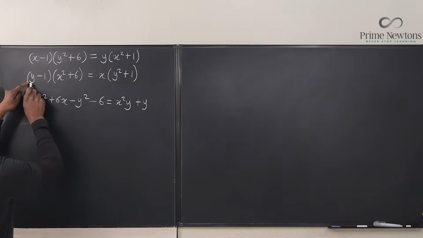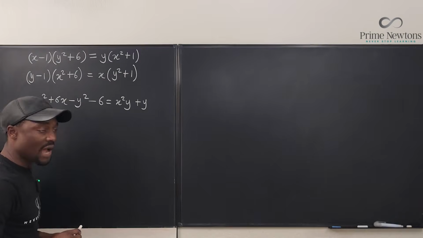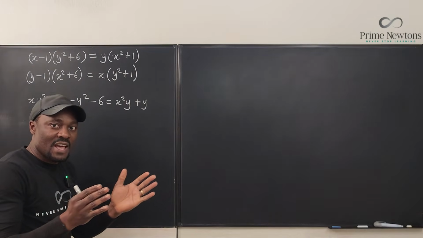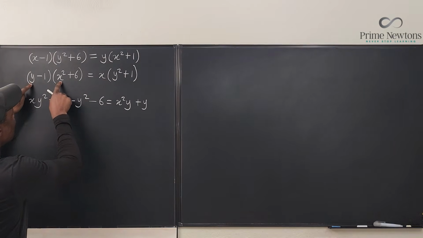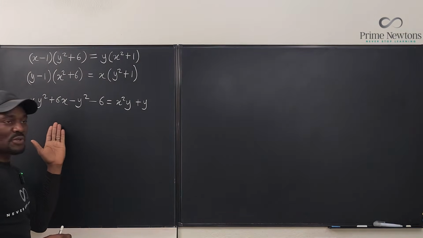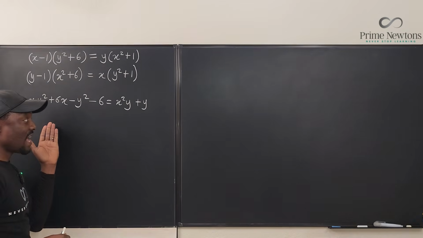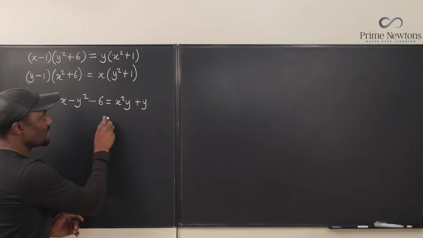We're going to have y times x squared will be x squared y. I want to put the terms that are together on the same side. It's supposed to be on this side. But just to save space and time, instead of writing x squared y here, I'm going to move it here, but it's going to be negative.